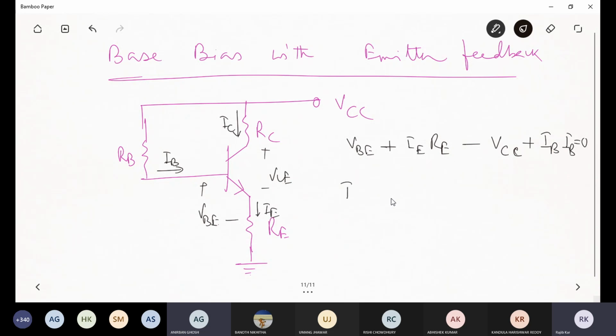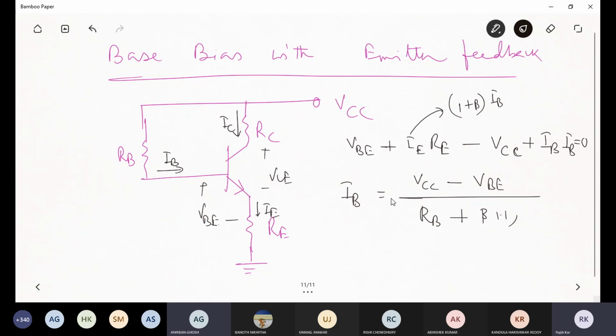So if we simplify, where you assume that IE is equal to (1 plus beta) into IB. You just substitute because I need it in terms of the constant parameters. So IB will be calculated as VCC minus VBE divided by RB plus (beta plus 1) into RE.